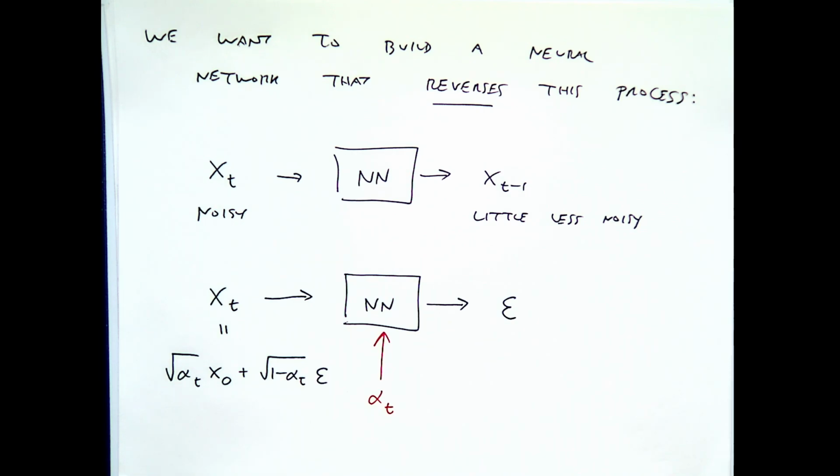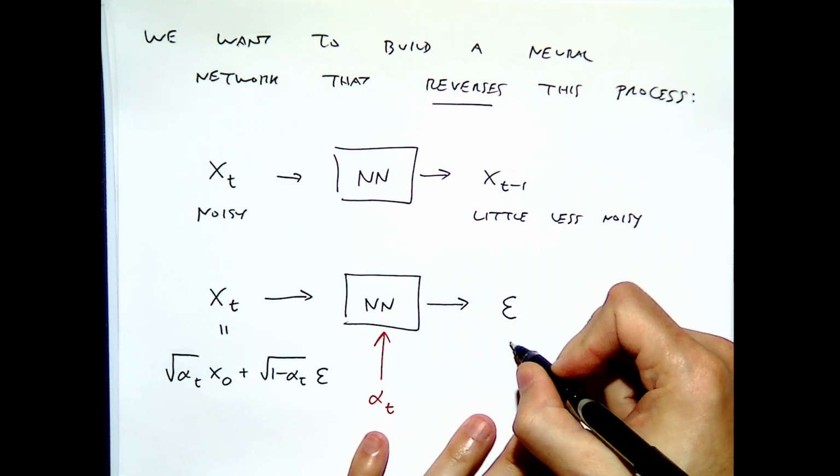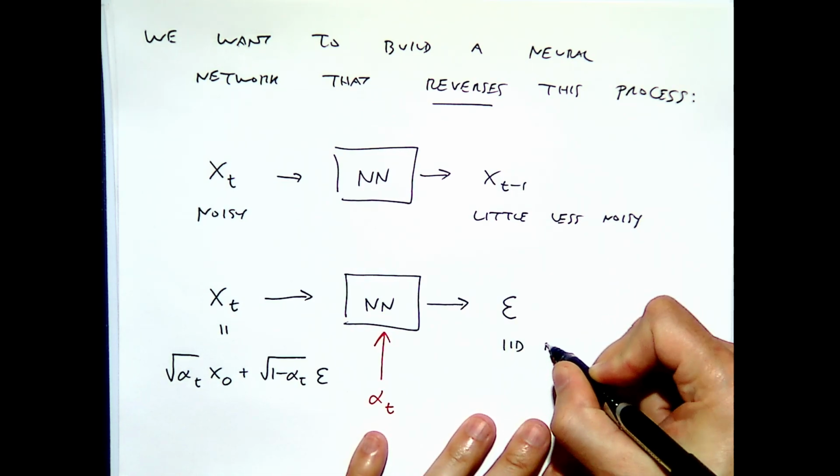So this is the twist of thinking about it. This is like saying, okay, I give you the noisy image, and I give you how much noise has been added as a proportion, right? Then can you tell me, of that noisy image, what part is original signal and what part is total noise, right? So this here that I'm estimating should be an IID noise image, right?